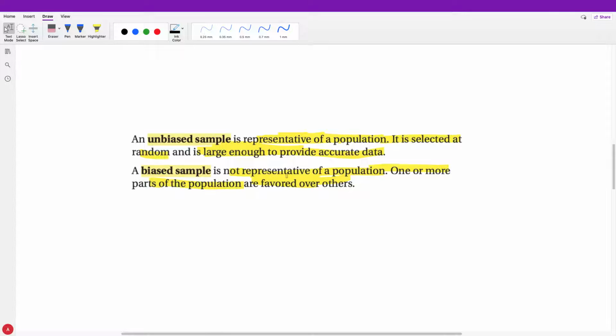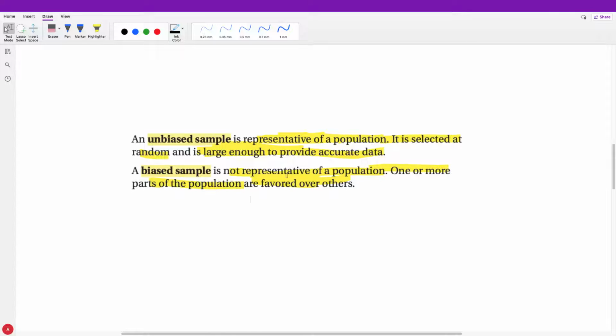So whether we are purposely or not trying to do something that will give us the results that we want, if we are not giving everyone an equal chance to be part of our sample, then we're not accurately representing the population because we're leaving people out of it. Maybe a certain group, whether that be sixth graders because we're not surveying sixth graders for this.